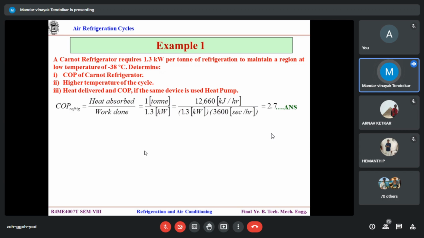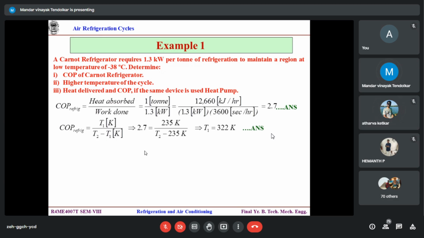This is COP. 1 ton is 12,660 kJ per hour. Or you can use per minute, that is 211, or per second, that is 3.5167. Whatever. And 1.3 kW is my compressor work. 1 ton is the refrigeration effect, so I get the COP. Is this value correct? Yes, sir.